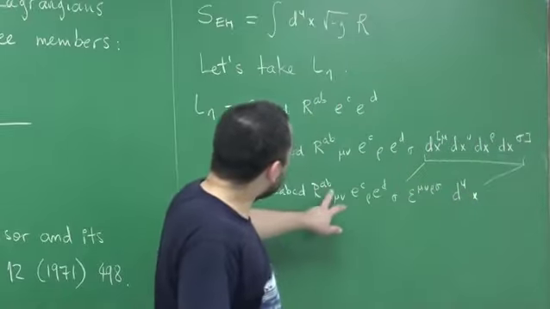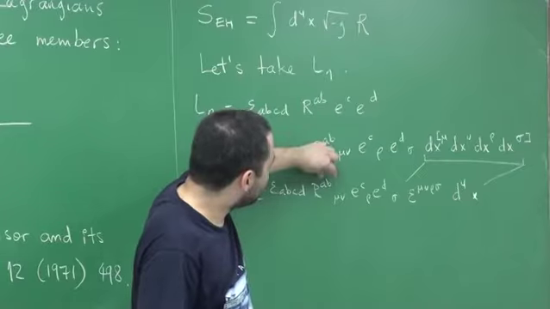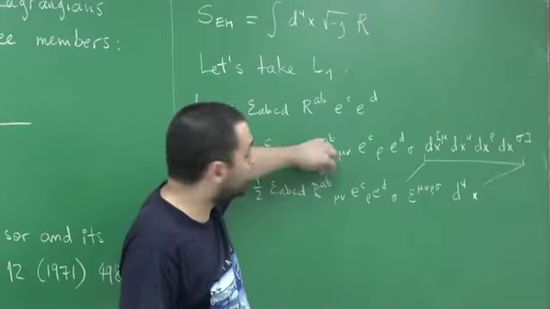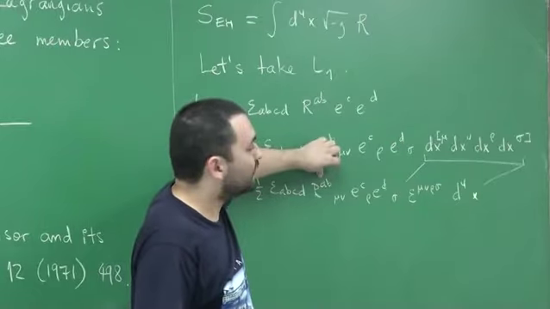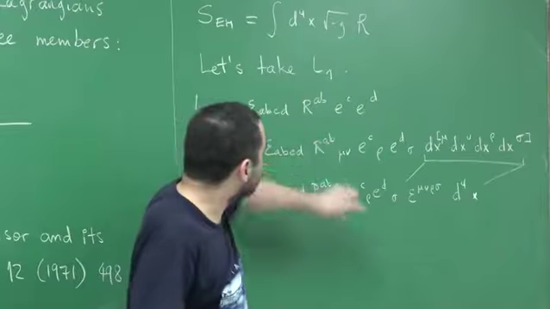Next, I'm going to use the vielbein to change these two indices here, this AB, to kappa lambda, or rho sigma.